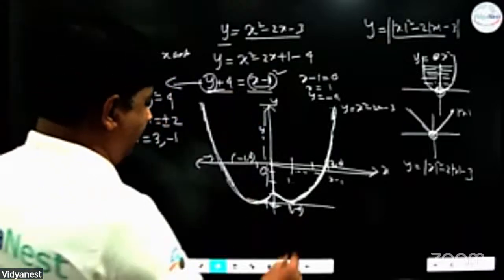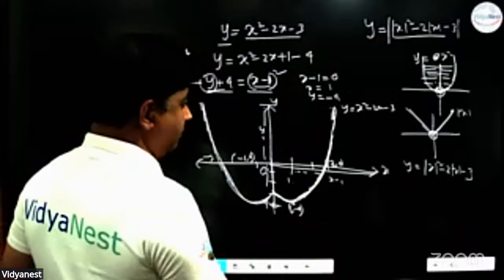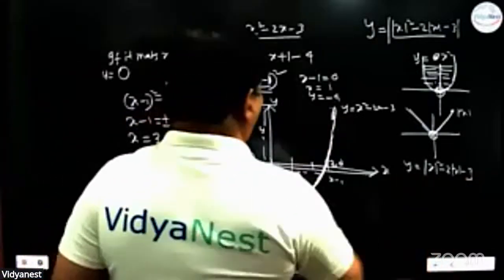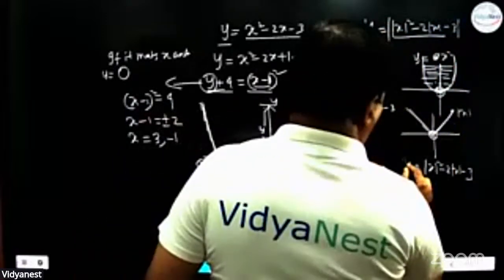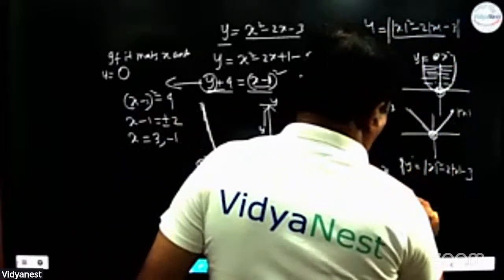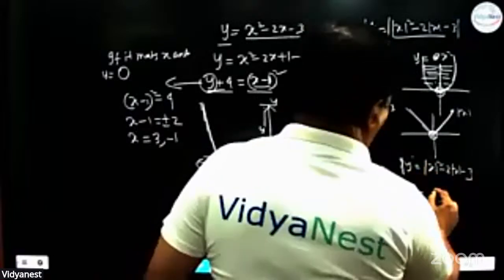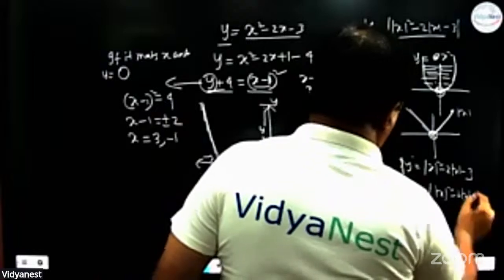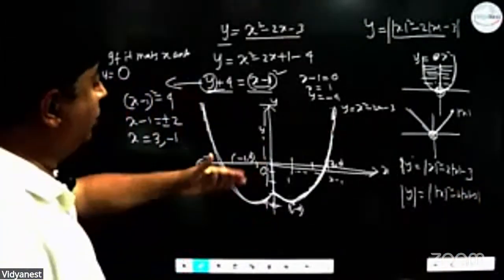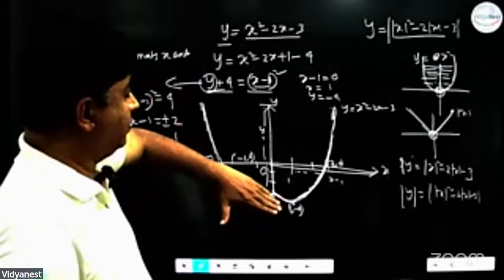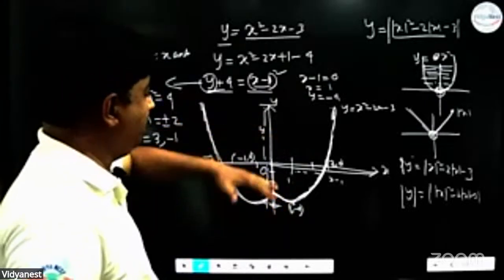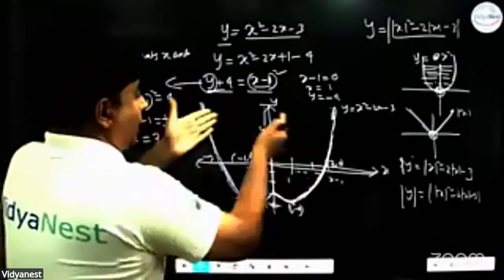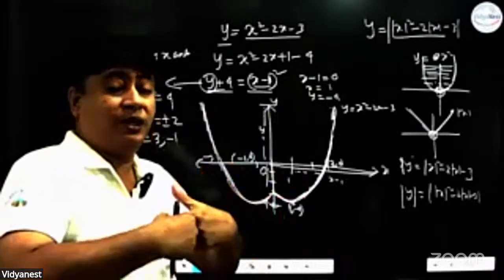This is the figure of this. But is that all? No, because another mod is given. Means now I will draw mod of y, mod of this. Yes or no? Yes, sir. So the part which goes below the x-axis will come in the upper part by the property of image.